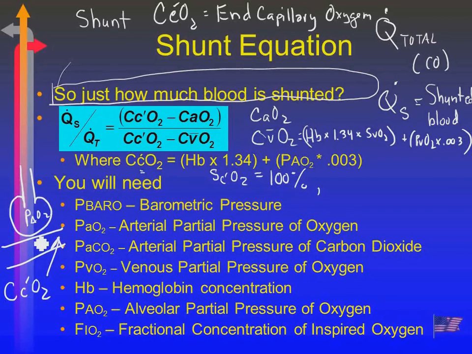I'm also assuming that every bit of oxygen that is available in the alveolus is getting across. So my partial pressure of oxygen is my alveolar value. It's a perfect alveolus. Every bit of dissolved gets across, every bit of hemoglobin gets saturated. So my formula for calculating this end capillary content is the hemoglobin times 1.34 times 1.0 if you want to include that, plus the alveolar value times 0.003.